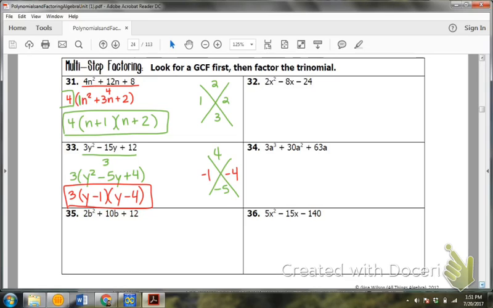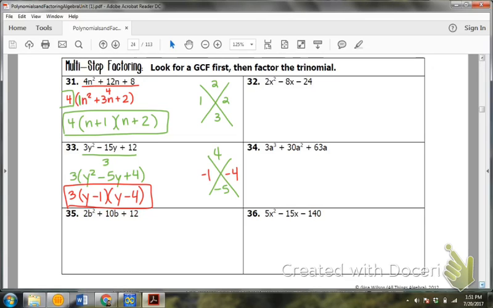Okay, here's your assignment. Are you listening? 8 through 26 even, on page 12. Well, I didn't say scribble them out. I said you can bleed over into the other side. 8 through 26 even on page 12.